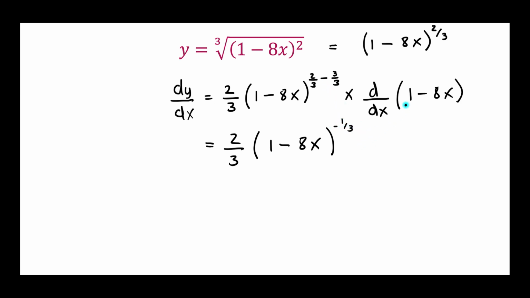Now if I differentiate this part, remember guys, there's a negative sign, so it'll be a negative 8. And then that would give me minus 16 over 3, 1 minus 8x to the minus a third.